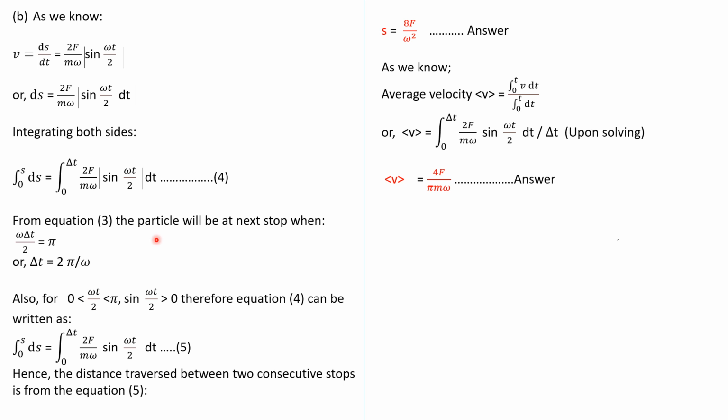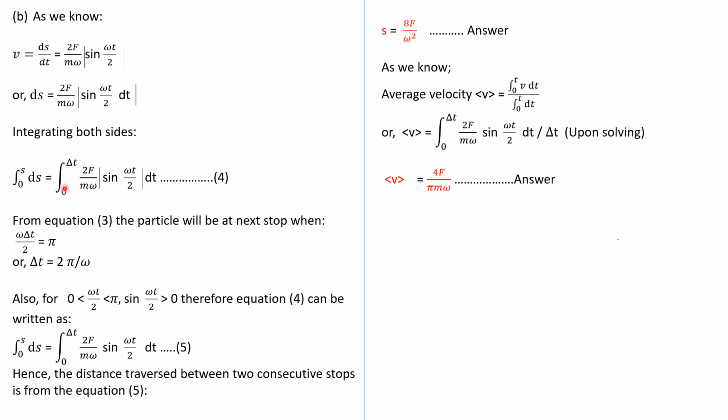Now in the question it is being asked what is the distance traversed between two successive stops. Initially, at t = 0, the particle was stationary.